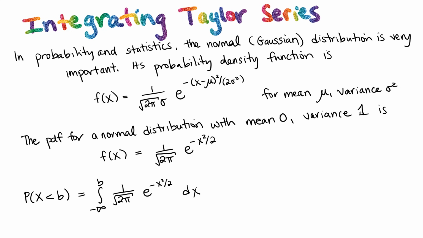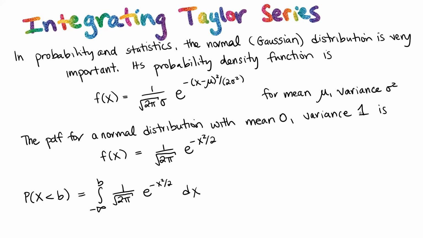We've got 1 over the square root of 2 pi, and then e to the negative x squared over 2. And what you do with a probability density function, or PDF, is you integrate over it to find probabilities. So for example, if you want to know the probability that a random variable x is less than some value b, then you simply integrate over our PDF from negative infinity up to the value b.